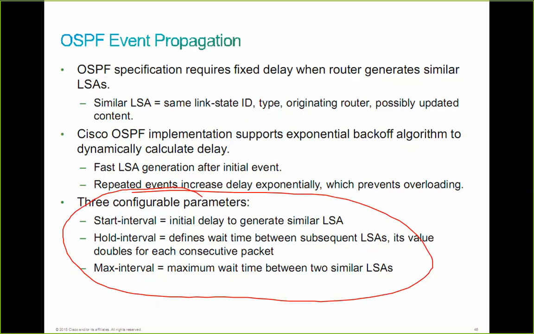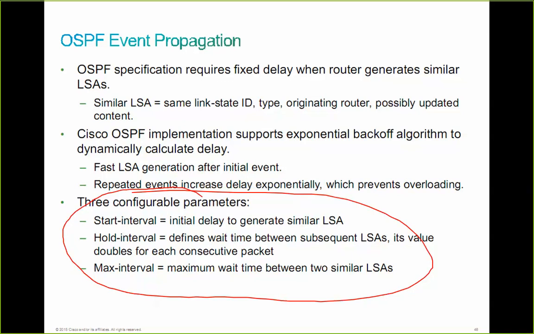Obviously, the benefit of having a low value on this timer improves convergence time, because those initial LSAs for whatever new event is being generated get generated as quickly as possible and get sent out. So the LSA generation delay, that's part of this propagation delay, is short, right? I mean, it's practically non-existent, 0 milliseconds.